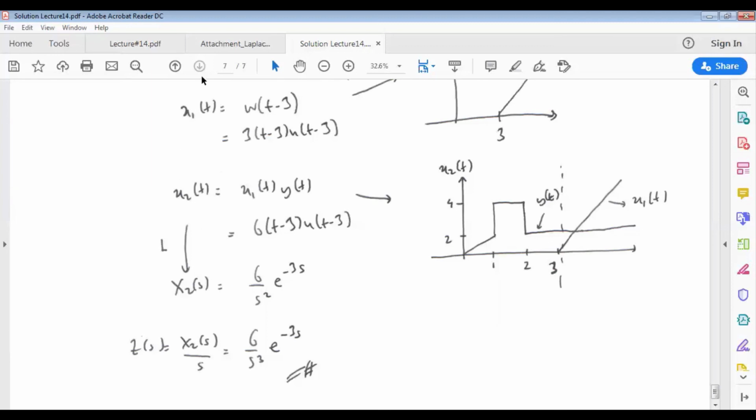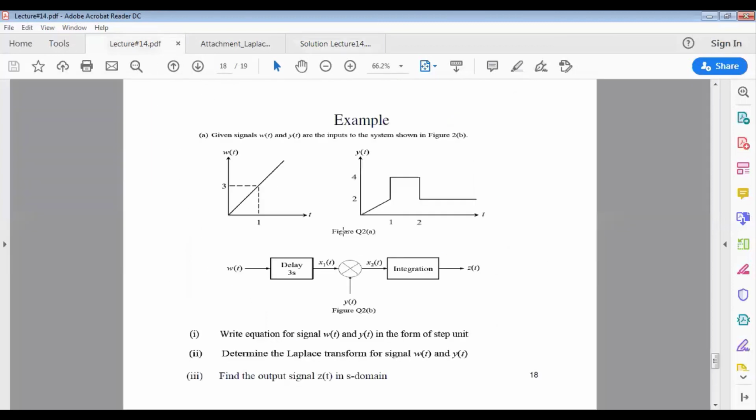Remember that x2(t) will be integrated to find z(t). That is why in this step I found X2(s) first, because Z(s) can be calculated by simply applying the integration properties.